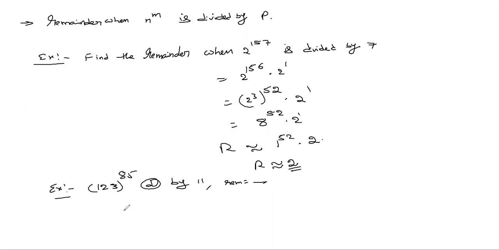So clearly you can see 123 is there nearby 11 multiples. 121 you can see 121 is 11 multiple. So this can be written as remainder. Now I am dividing 123 with 11. Remainder will be 2 power 85. Now you have to divide this with 11. Okay.